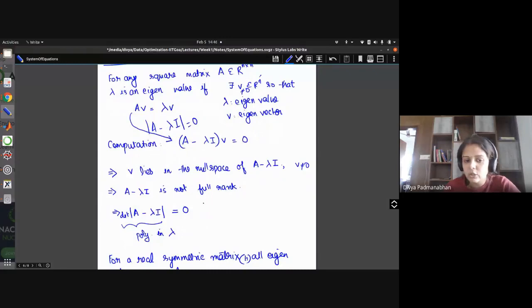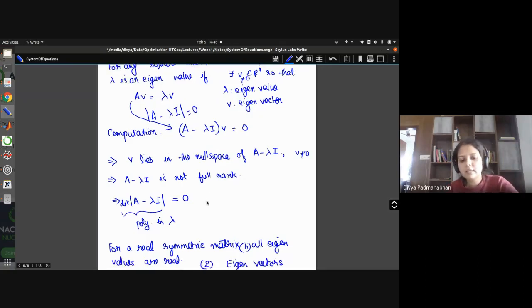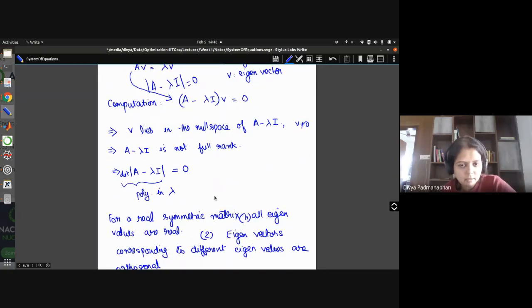Some important things you should remember: for a real symmetric matrix, this polynomial is going to have several roots, and all of the eigenvalues are going to be real when the matrix A is real and symmetric. For each of these eigenvalues, you can compute the eigenvectors.